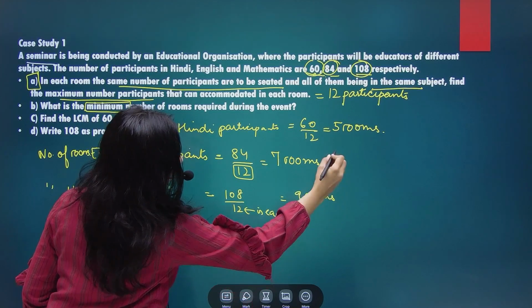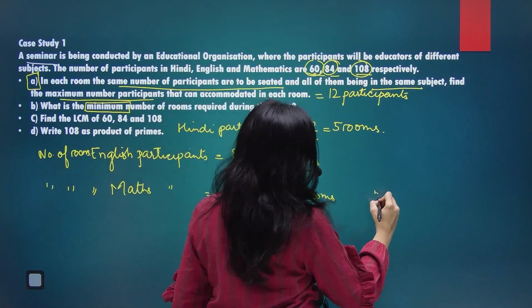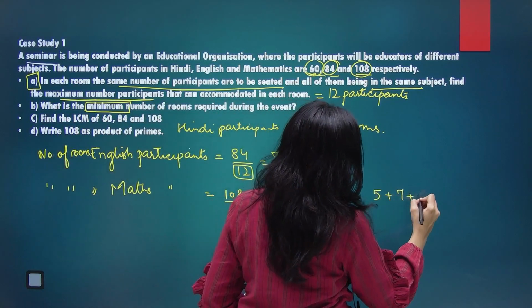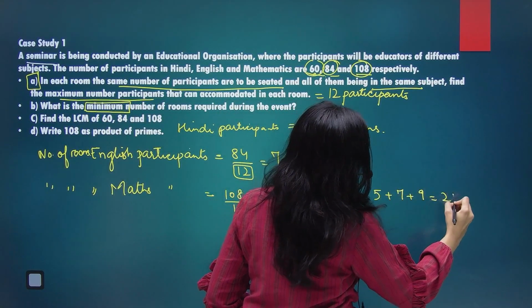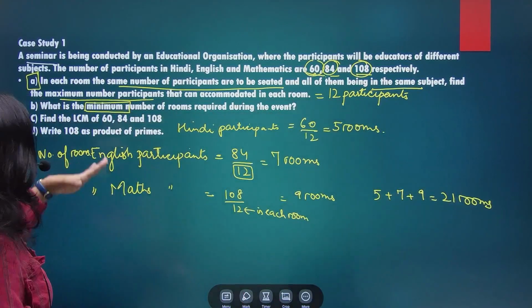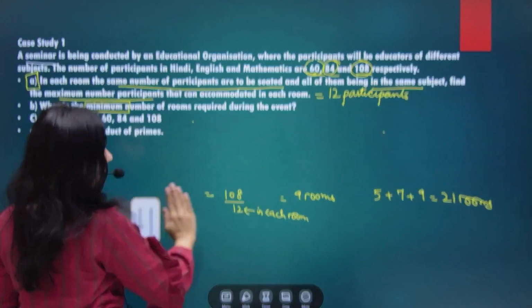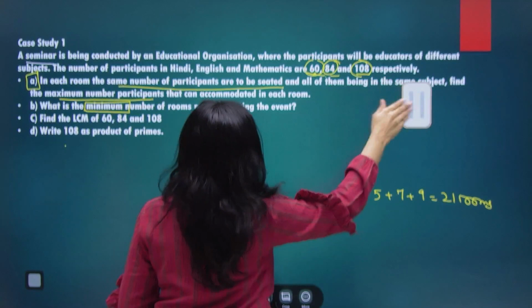So 5 plus 7 plus 9 is going to be the minimum number of rooms required. 21 rooms they are going to take. So what is the minimum number of rooms required during the event? The answer is going to be 21 rooms.